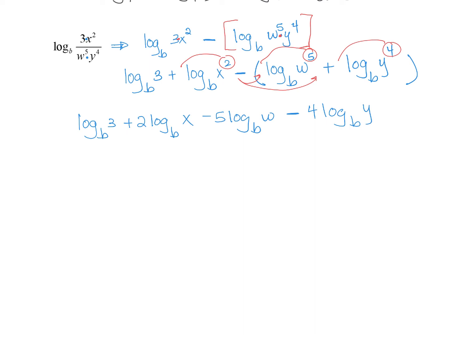So notice, and this is important, the two things that have the minus sign in front of them, they came from the denominator. And that's going to help us when we have to condense these logarithms back.